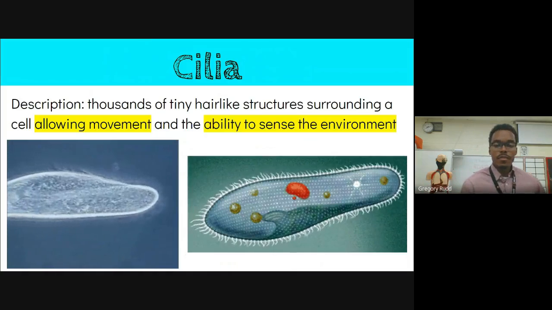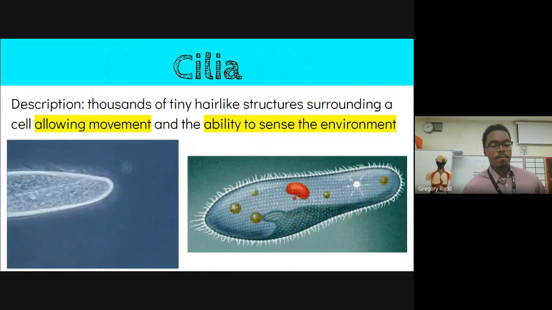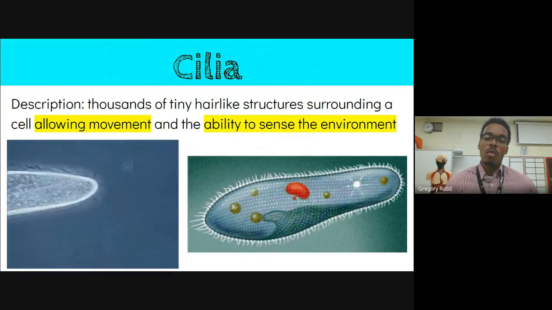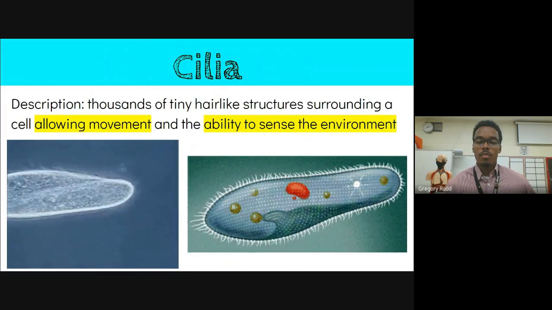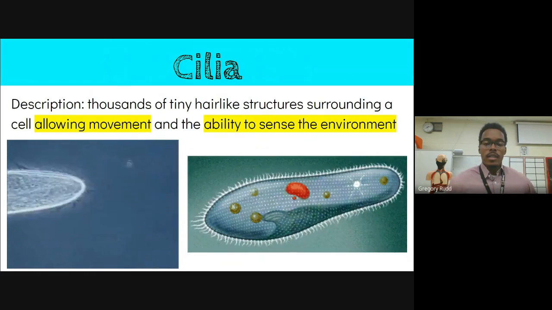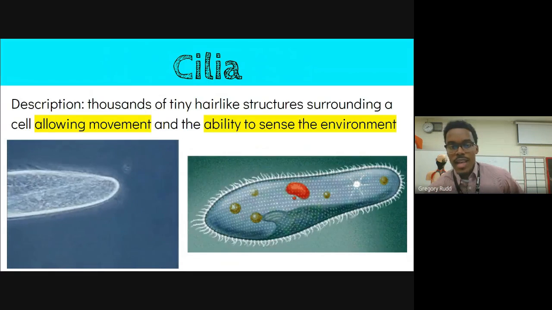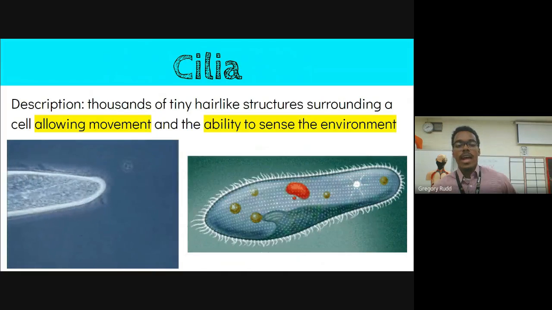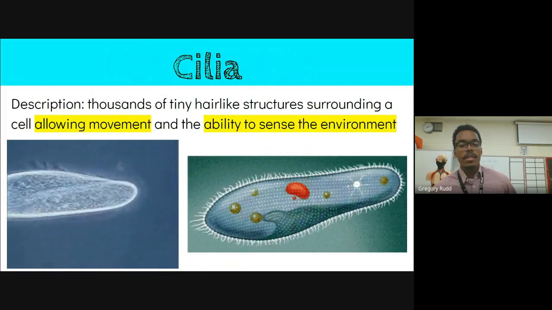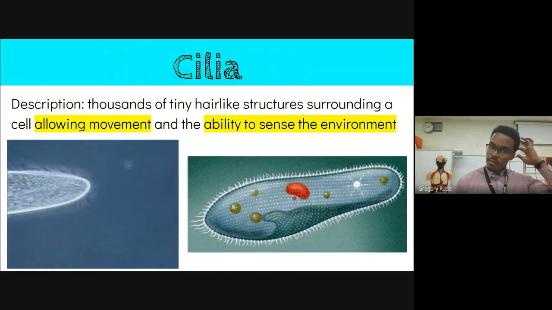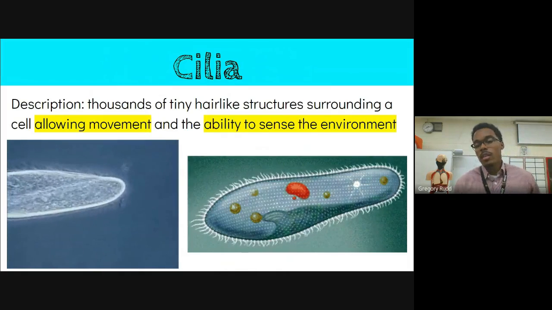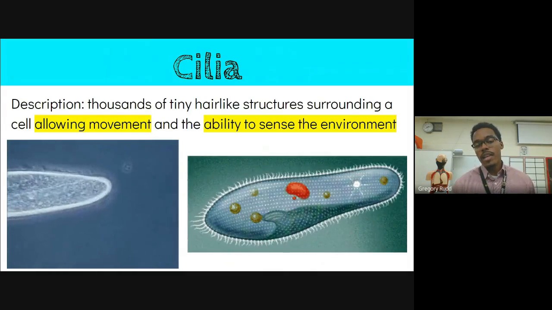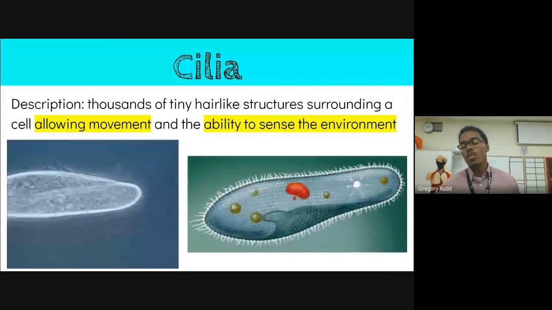All right. We also have cilia, C-I-L-I-A, and that is a plural word. Cilia are thousands of tiny hair-like structures surrounding a cell, allowing movement and the ability to sense the environment. So cilia are important not only for movement, but primarily so that the cell can know, okay, it's a little bit too cold over here.